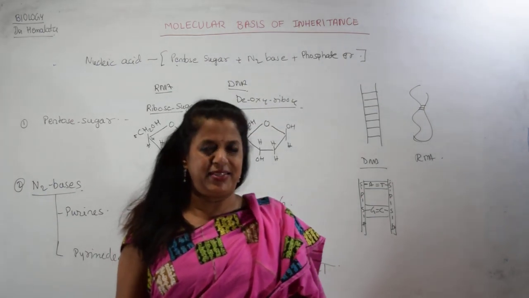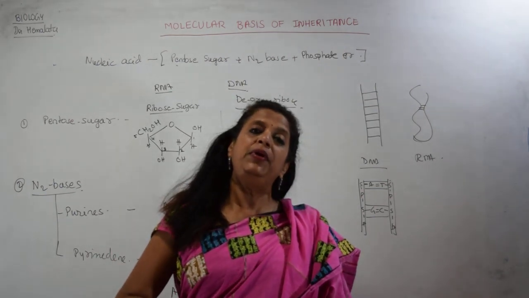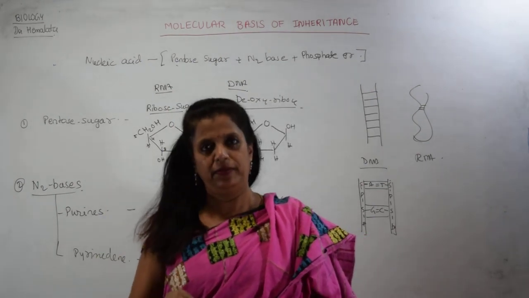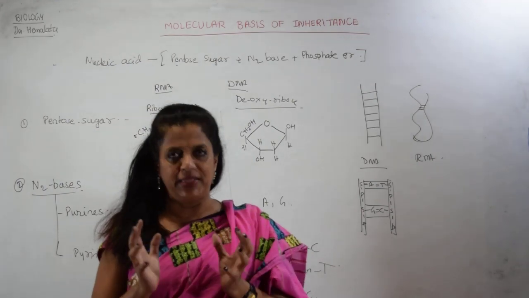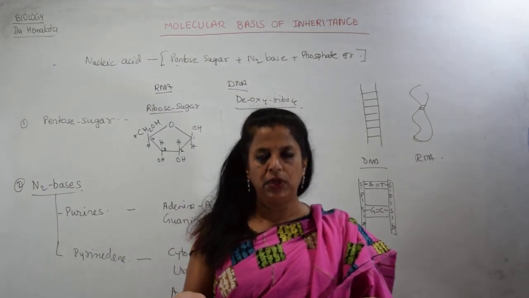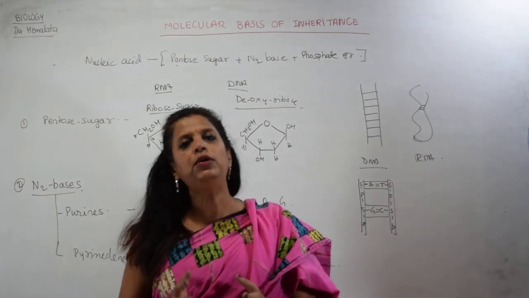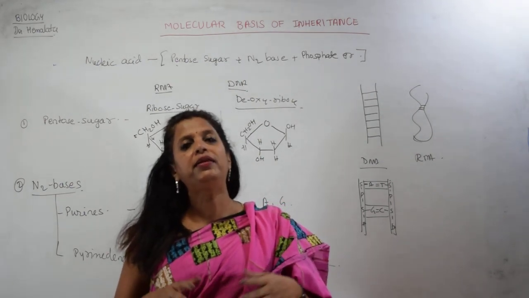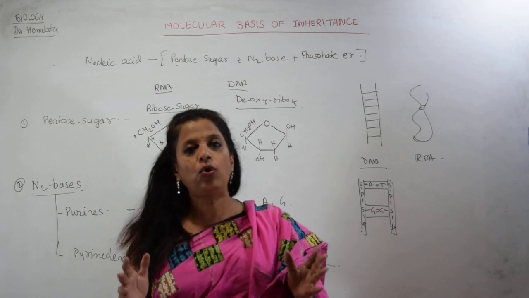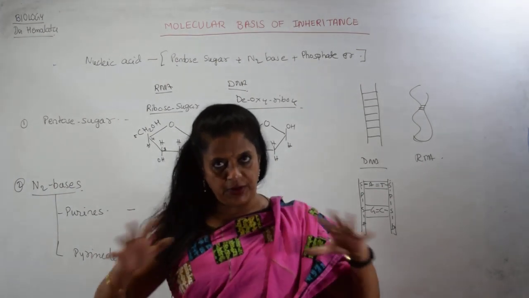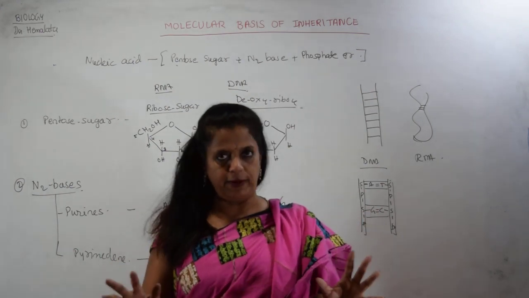Now, what next? DNA will be controlling the whole activities of the cell. Suppose a cell has to produce proteins, or it has to replicate, it has to double. Everything is controlled by DNA. We call that the master macromolecule of the cell. It will control every activity required for the cell.